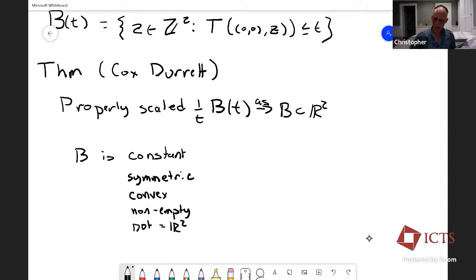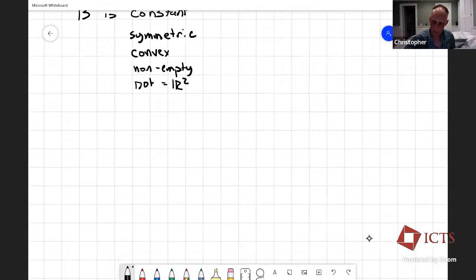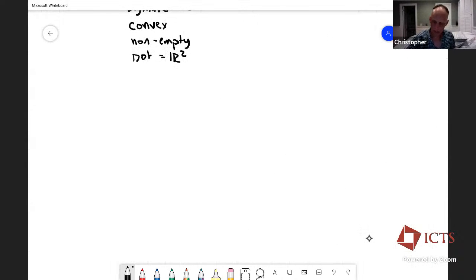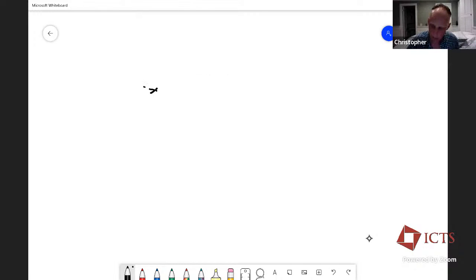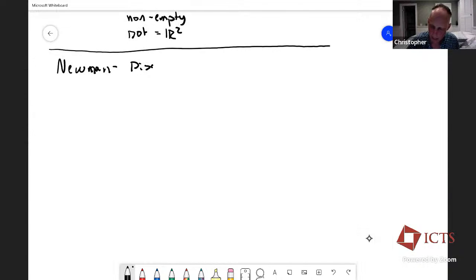Okay, so the best theorem that we have is due to Newman and Piza. And what does it say?